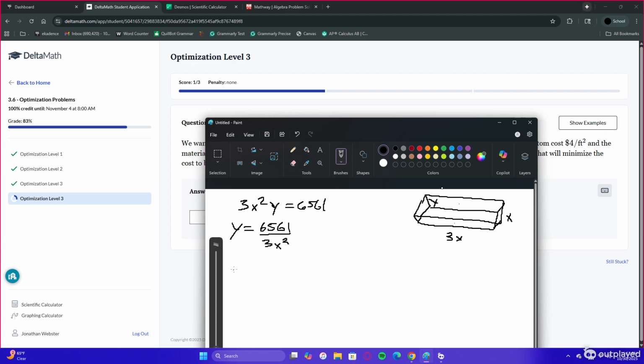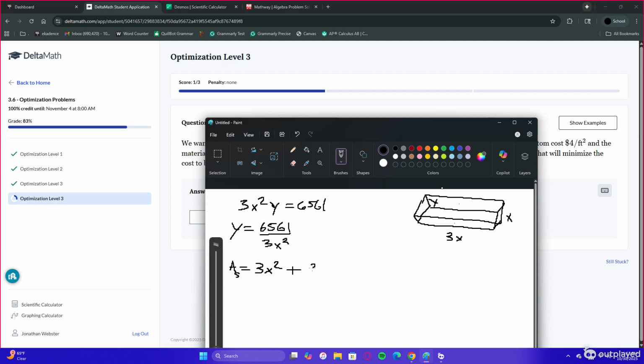So our area is equal to 3x times x, so 3x squared, and then plus the area of all the sides. 2 of them are going to be 3x times y, and 2 of them are going to be x times y.